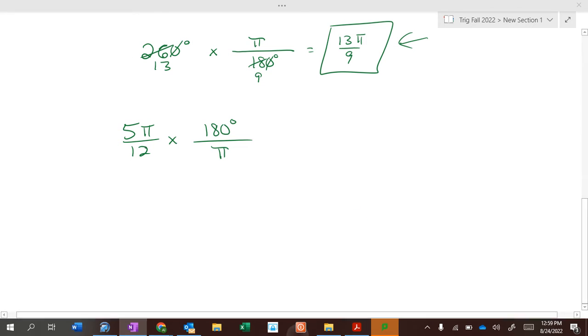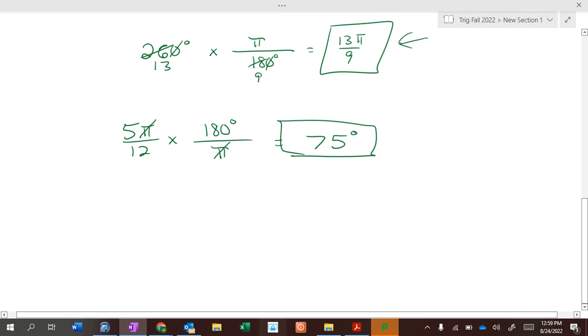Now this is easy. Pi cancels the pi's. We just ate our pi's. They're gone. So you get 5 times 180 divided by 12. 5 times 180 would be 900. 900 divided by 12 is 75. So 5 pi over 12 is 75 degrees.